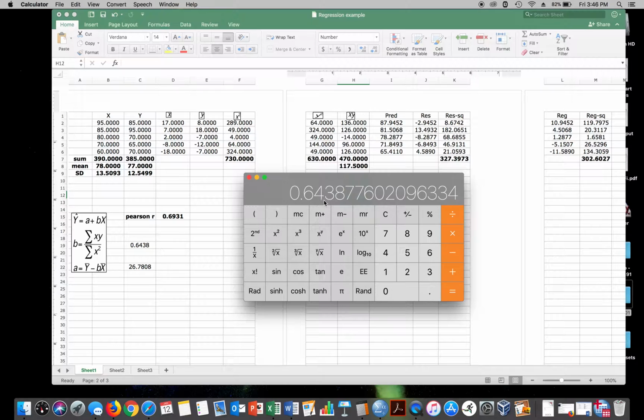And that gives me my beta weight, 0.6439, or 38. So really close here.